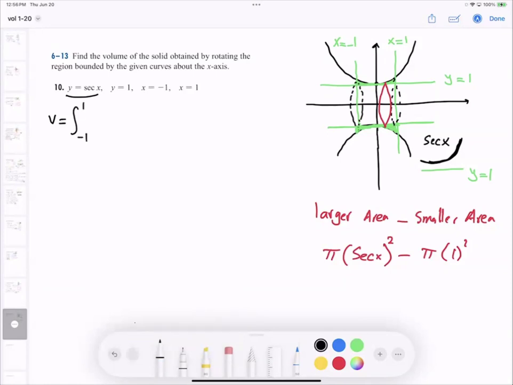And the area, which is the difference between the larger area minus the smaller area, goes here. So you have pi secant squared of x minus pi times 1 dx. Very good. So the volume is the definite integral, -1 to 1, pi of secant squared of x minus 1 dx.